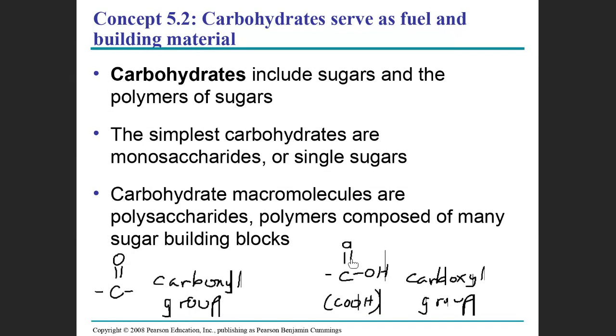If you have a C double bond O and an OH group, that's a carboxyl group. And I did write this properly, it just didn't convert, so it looks messy here. But that is a carboxyl group. So if you go on to take a lot more chemistry, especially organic chemistry, you'll learn a lot more about this stuff. But we have to talk a little bit about organic chemistry since we're talking about these large macromolecules.